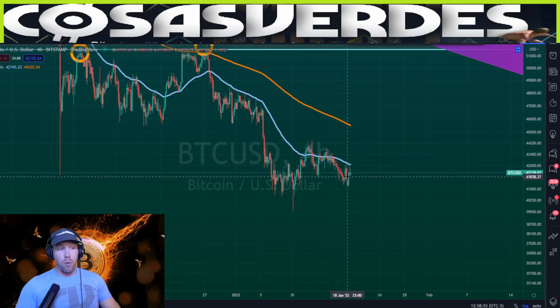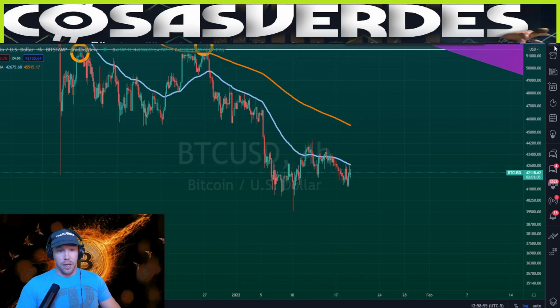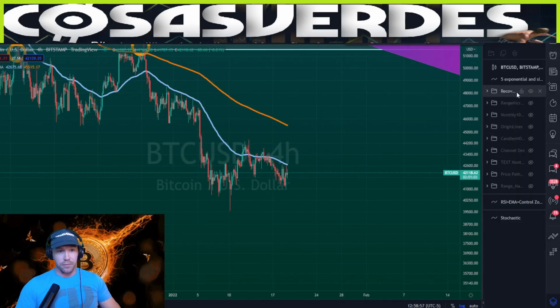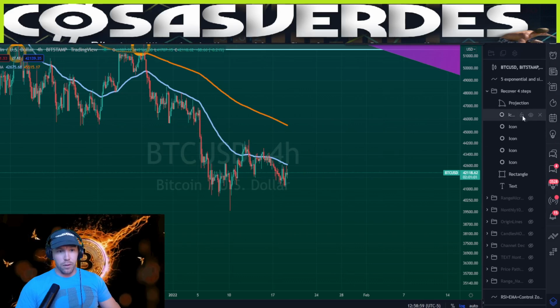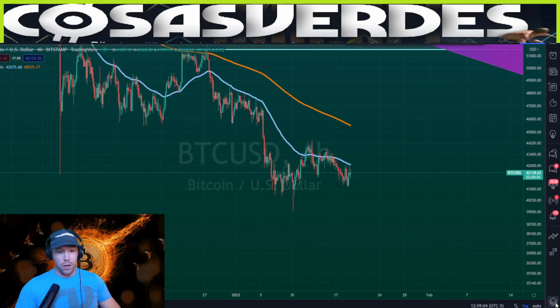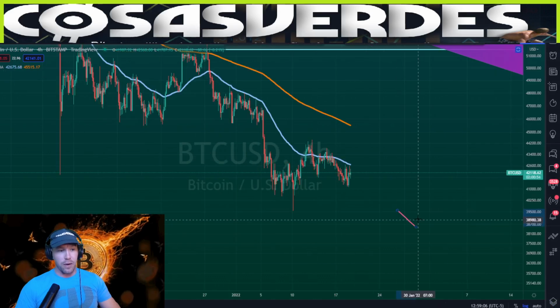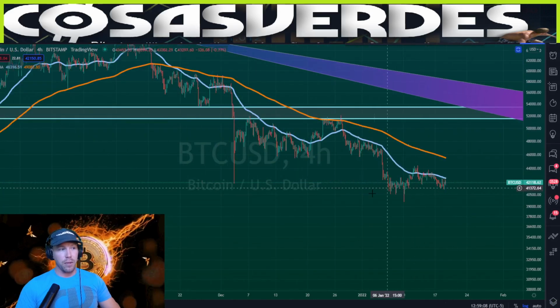However, once step 1 gets completed, let me move these circles off of here. Take a look at how Bitcoin's been reacting once step 1 is completed.